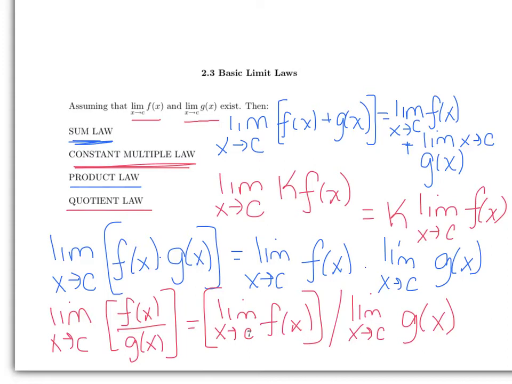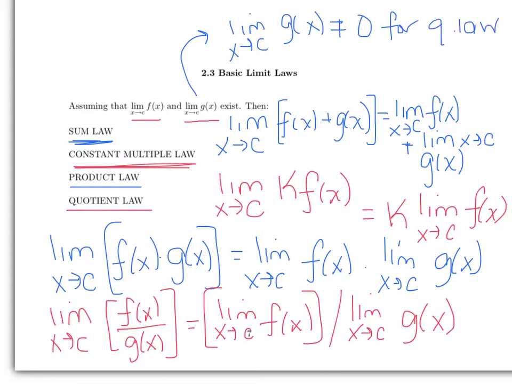So up here, I guess you might want to say that this limit as x approaches c of g of x is not 0 for the quotient law. Right? Because if it's 0, then you would be dividing by 0, and that would be a problem. So eliminate that situation, otherwise this is correct.